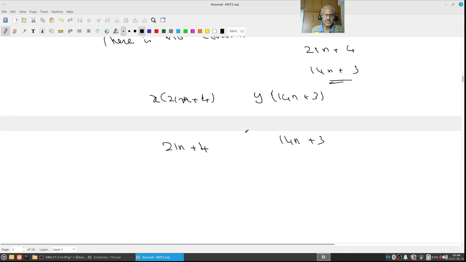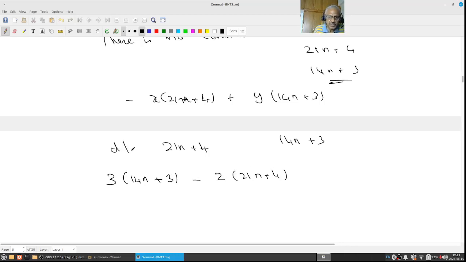So the obvious thing is some multiple of this minus some multiple of this, or the other way around. Now you can see the easiest way to knock off is 21 times 2 is 42, 14 times 3 is 42. That gives me an idea: if I multiply this by 3 I am going to get 9, and if I multiply this by 2 I am going to get 8. Therefore what I will do is take 3 times 14n plus 3 minus 2 times 21n plus 4.